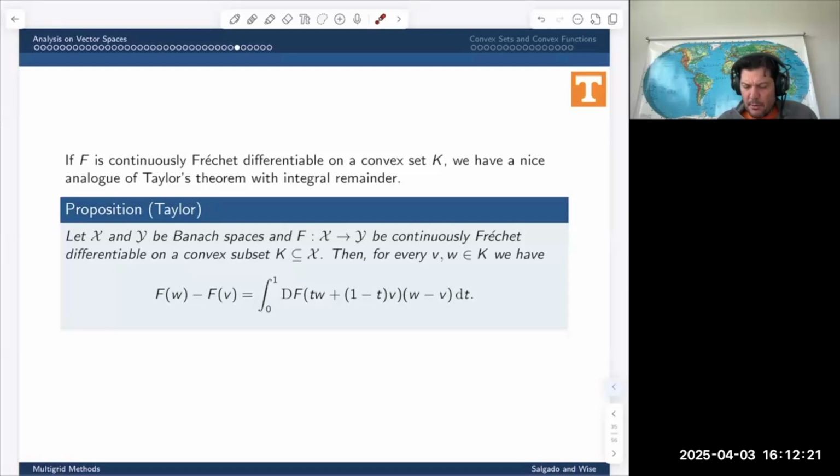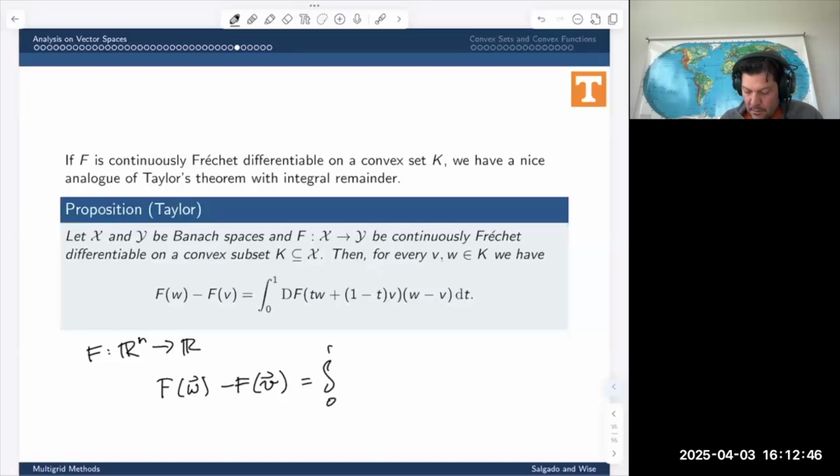I explained to you that in a simple case, let's say where f is a function from Rn into R, this has a fairly simple interpretation. It's going to be f of vector w minus f of vector v is equal to the integral from 0 to 1 of df.